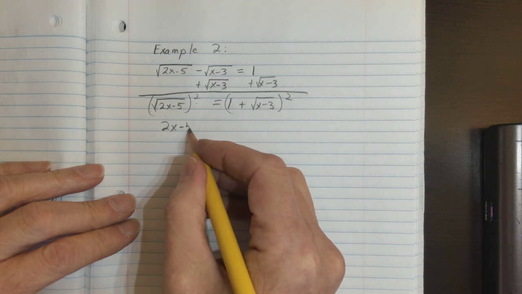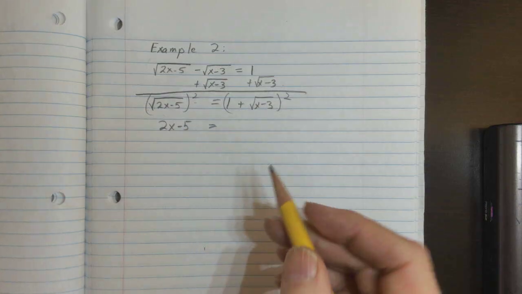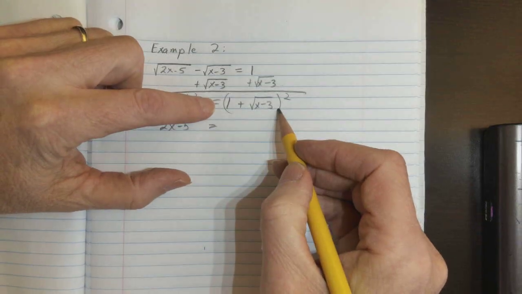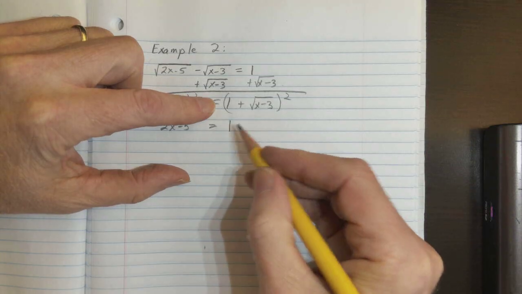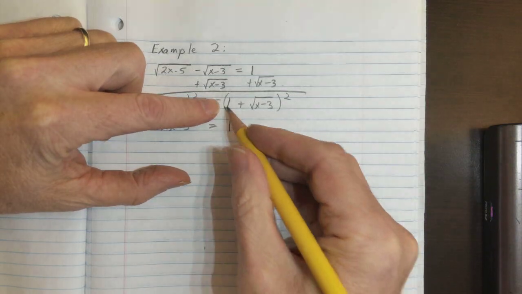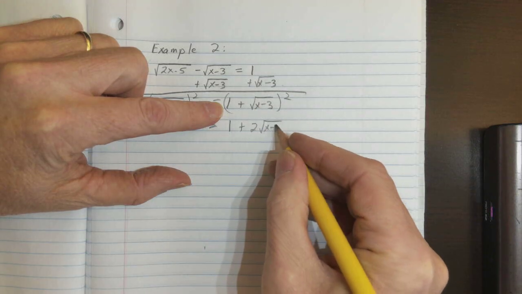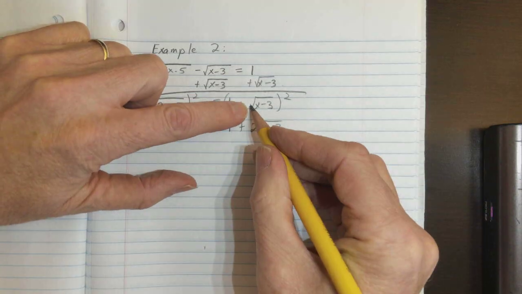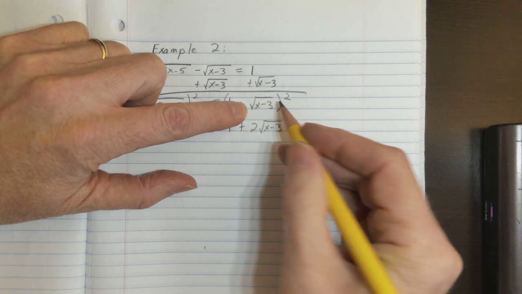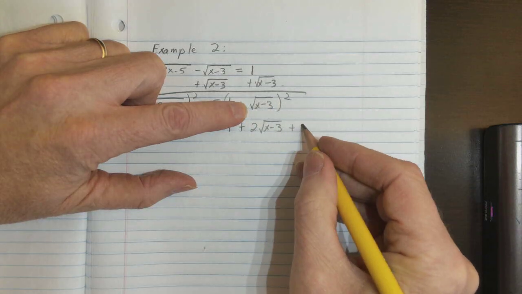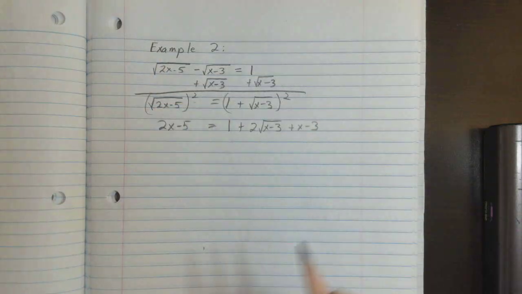That's 2x minus 5. When I square this side, first plus 2 times the 1 times square root of x minus 3. When I square the square root of x minus 3, I get x minus 3.